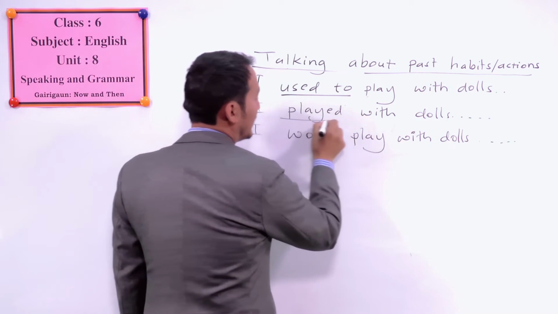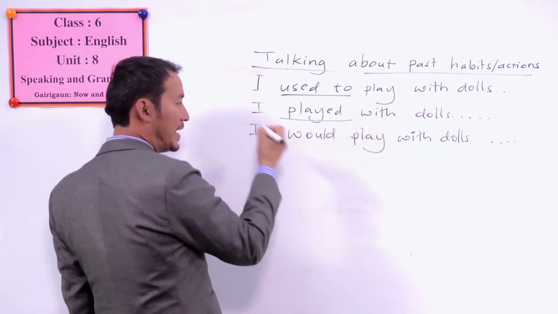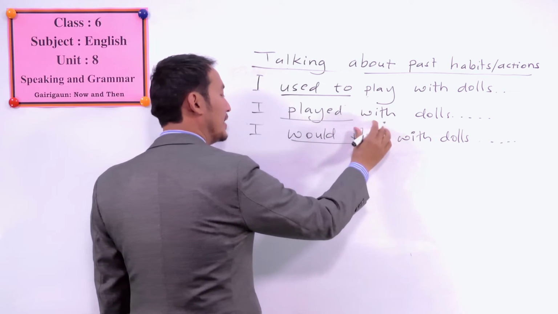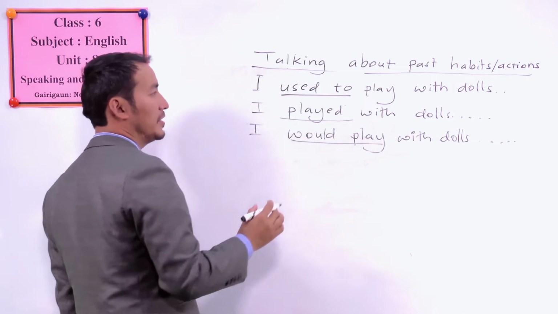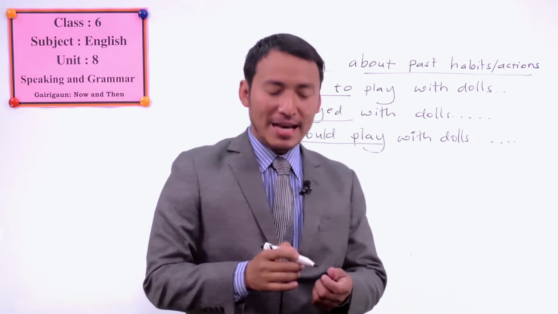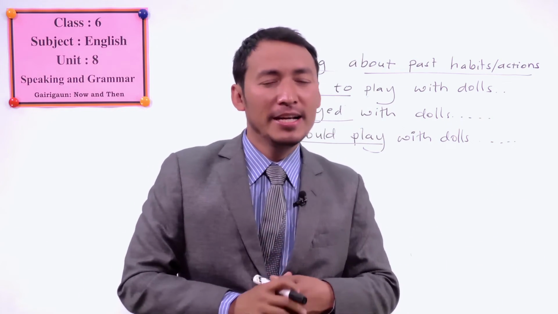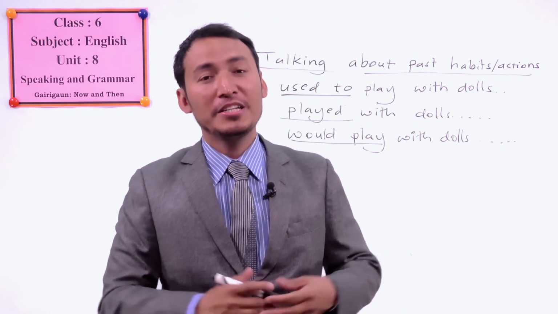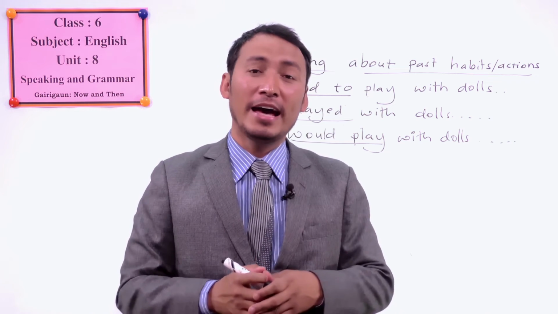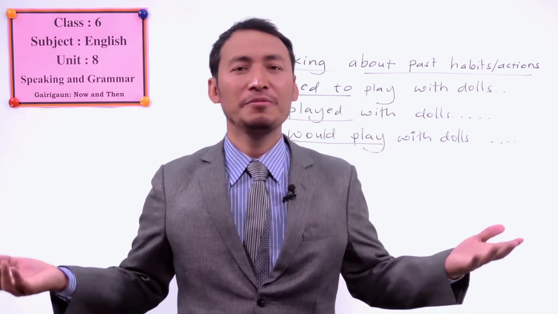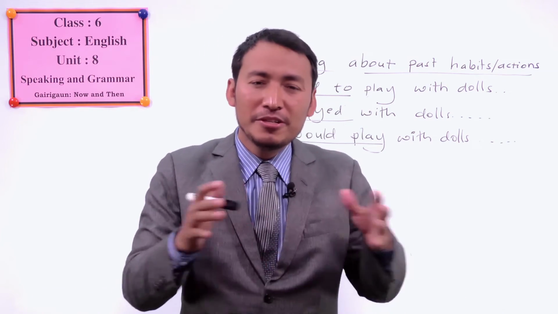You can either use verb 2, the past tense, or you can use "would" plus verb 1 for talking about the same past experience. Okay, students? You can say I would play with friends, I would play hide and seek with my friends, I would go to visit temples a lot. Likewise, you can talk about it.